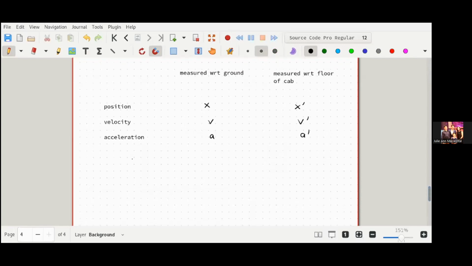As you can see from the list, we have x prime equals x minus x cab. V prime is v minus v cab. A prime is a minus a cab.